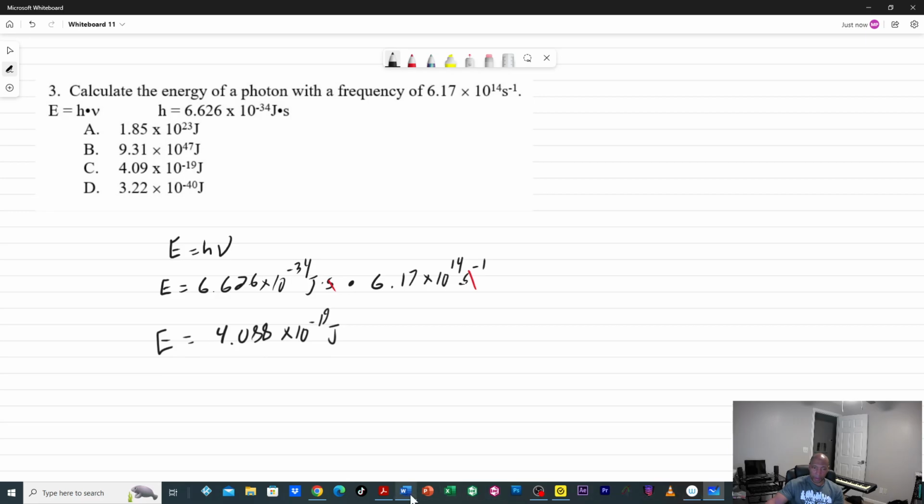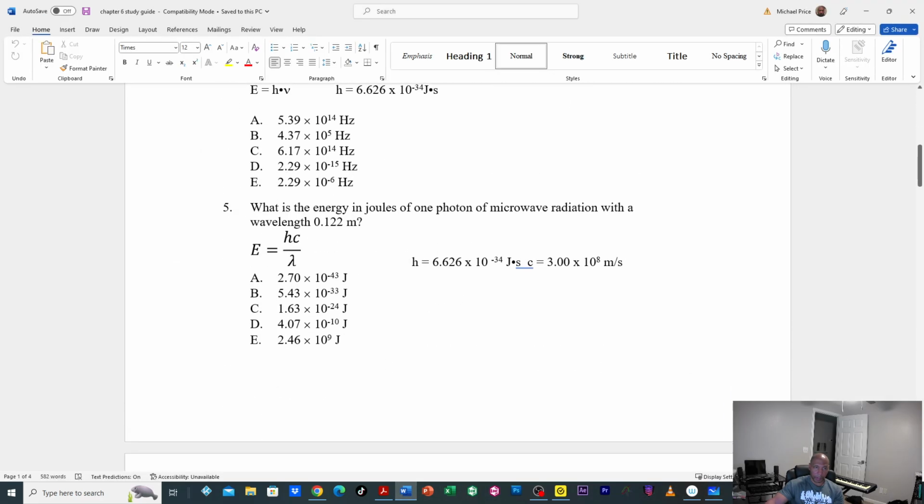So, going back to, let's see. Now, number 5 has the energy in joules of 1 photon of microwave radiation with a wavelength of 0.122 meters.